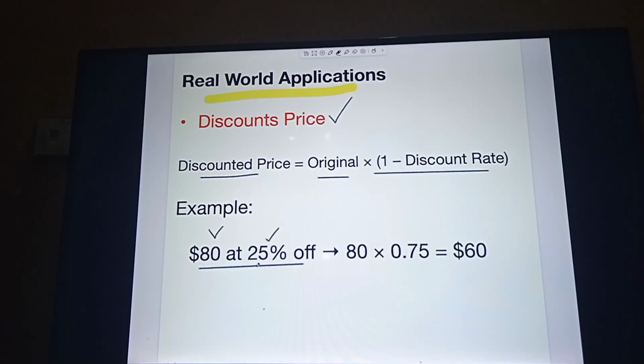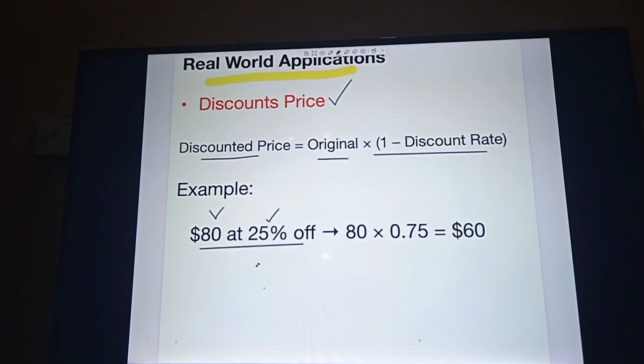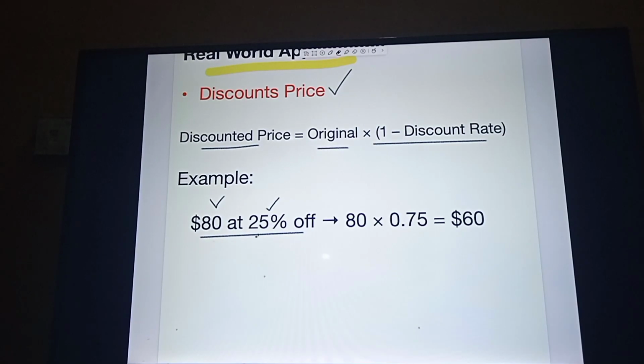So how much are we going to pay for it? So if the item is of $80 and the discount is at the rate of 25%, then we will put the values in this formula.